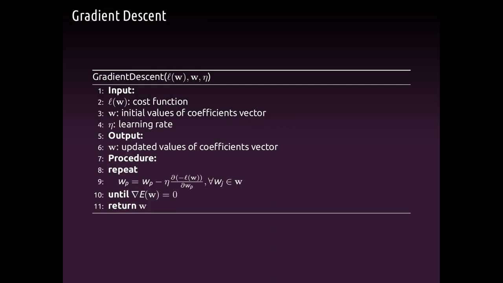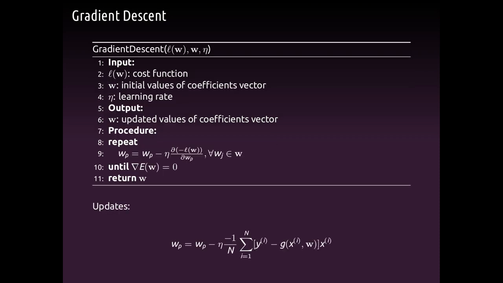Moving to the gradient descent algorithm, we have the same algorithm that we have used in both linear and polynomial regression methods that I have described in previous videos. The only change is within the update value.